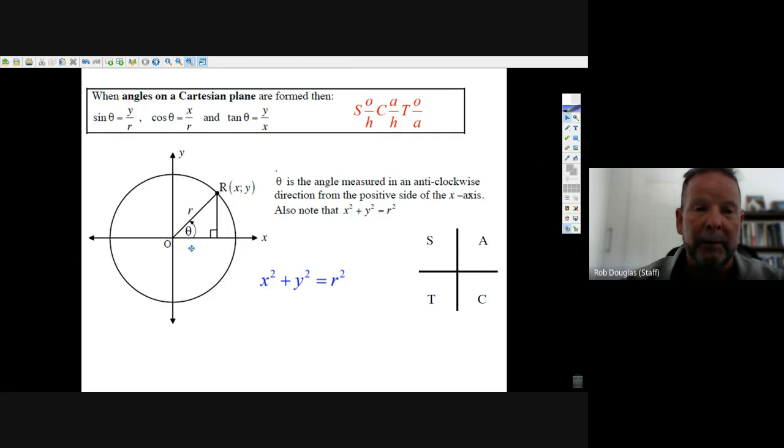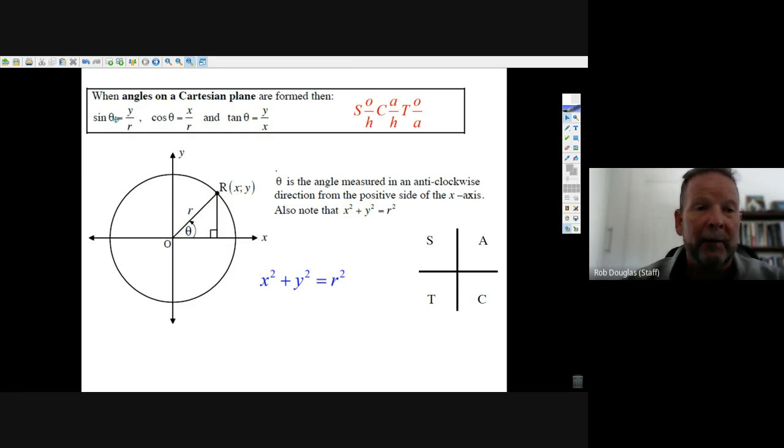R is the hypotenuse. And the sine would be y over r, because it's opposite over hypotenuse. And the tangent of this angle would be the opposite side, which is y, the y-coordinate, over the adjacent side, which is the x-coordinate.